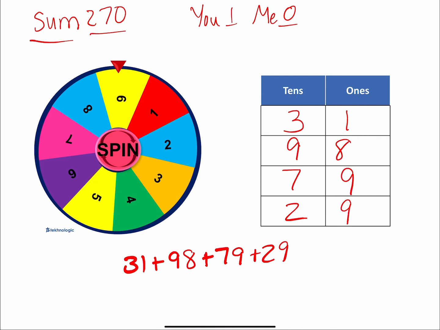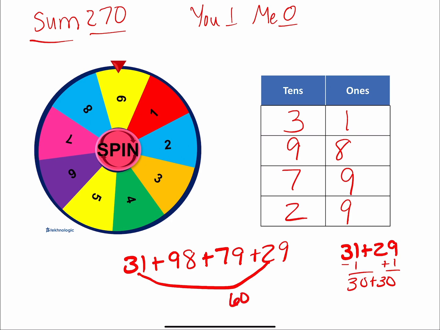So the 2 I'm going to start with are going to be 31 and 29. And my reasoning for doing 31 and 29 is that I see something that if I take 1 and I give 1, then I get a nice problem like 30 plus 30, and I know that's 60. And so that's kind of a nice problem for me.